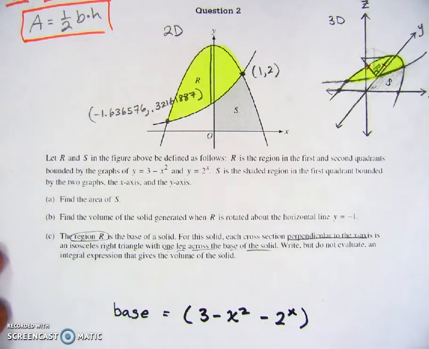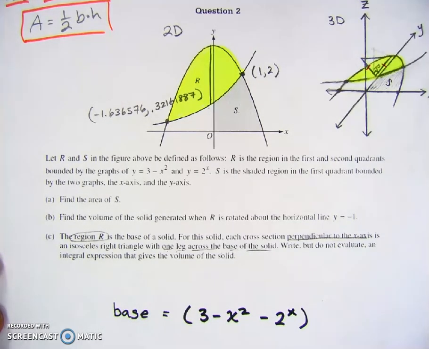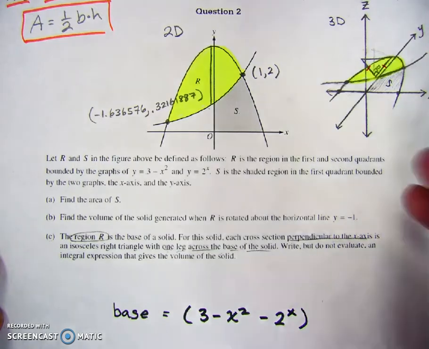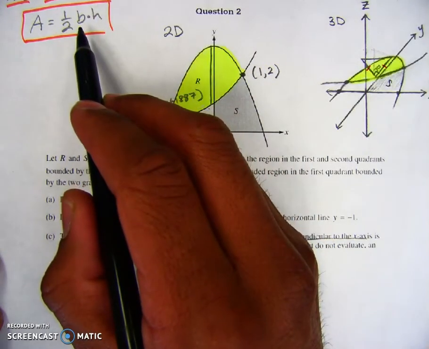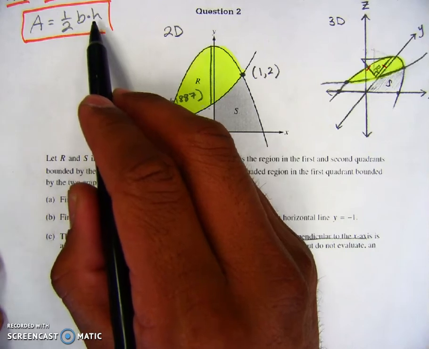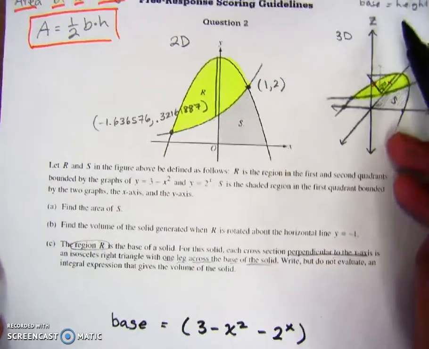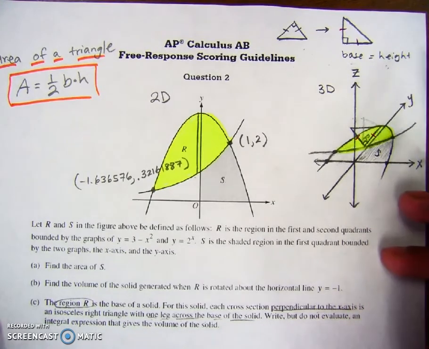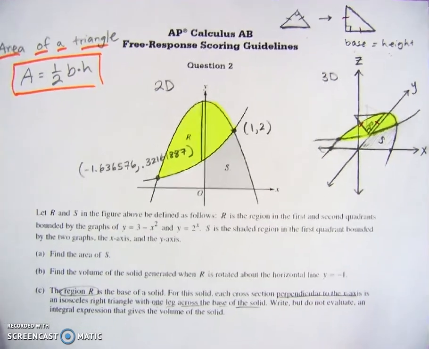So that is an equation that represents the base for this isosceles right triangle. And I just said that if we can find an equation for the base, that'll be the same as the equation for the height, because the base and the height are congruent, they're equal to each other.